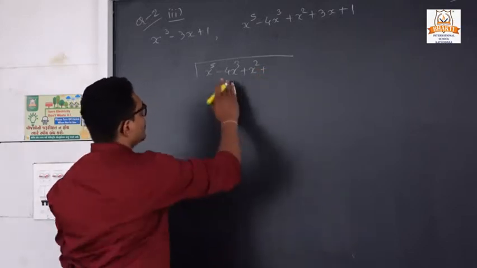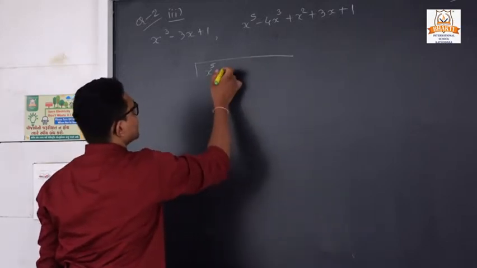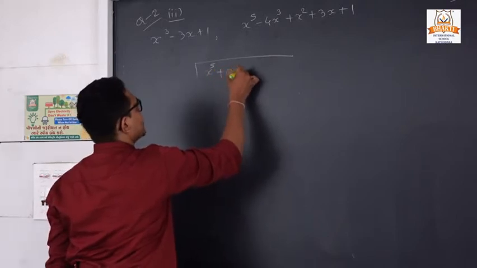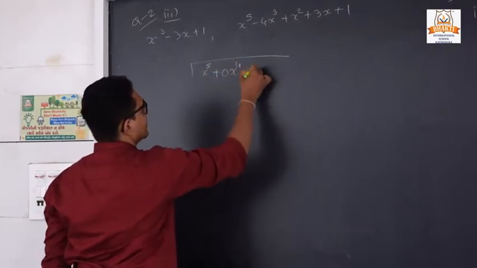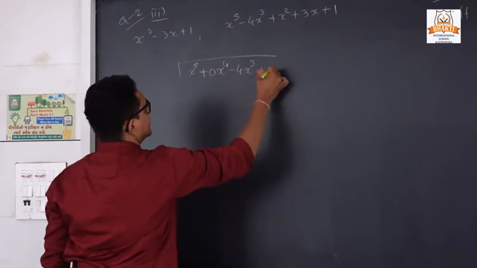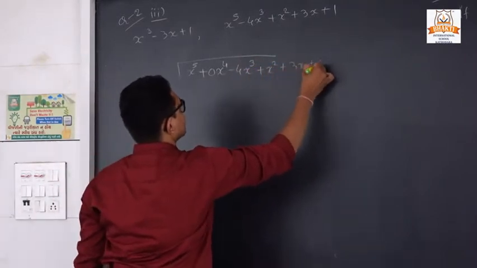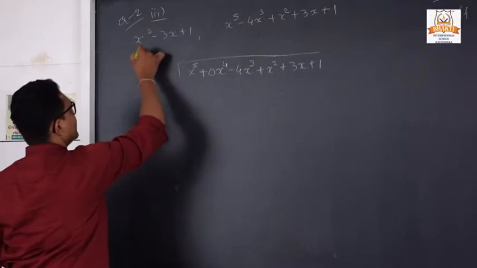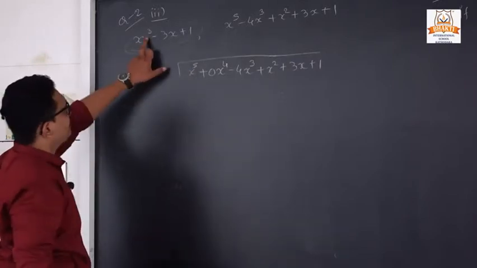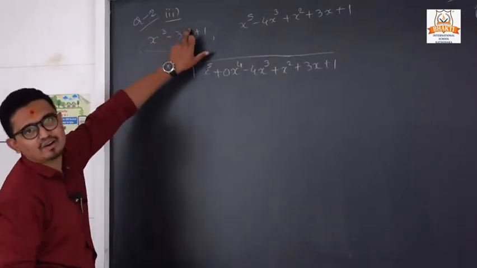So here we can write like that: we can add 0x raised to 4, then minus 4x cube, x square plus 3x plus 1. Once again see that after power 3, here we have directly the power of 1.